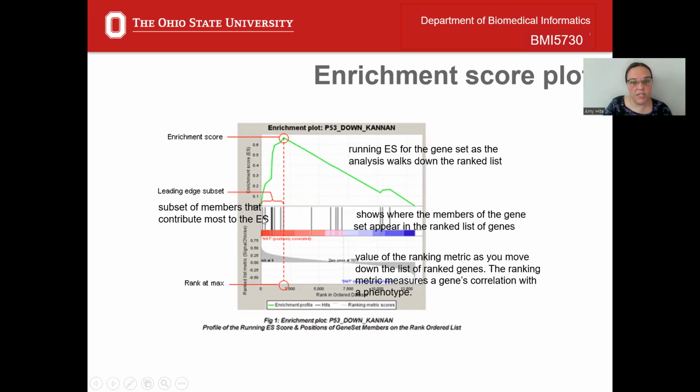If it hits a gene that's not in our term, it's going to penalize the score a little bit. And it's going to keep walking until the score gets penalized too much. Then it's going to start walking down. So it's measuring the score, adding if there's a gene in the term, and subtracting if the gene's not in the term.